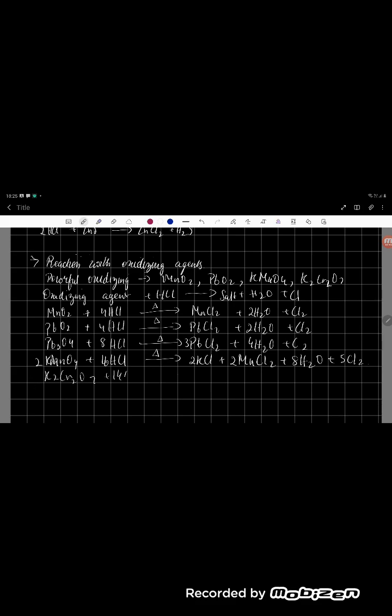And K2Cr2O7 plus 14HCl on heat will give you 2KCl plus 2CrCl3 plus 7H2O plus 3Cl2.